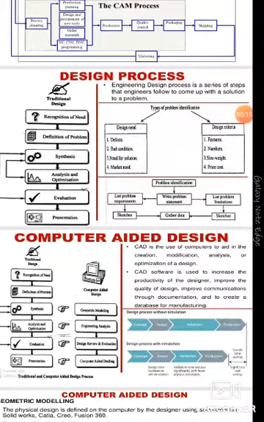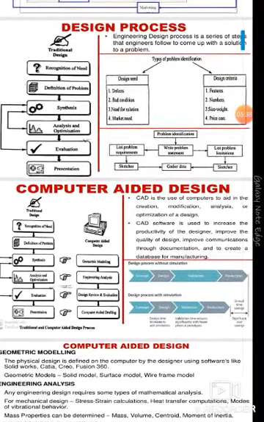The traditional design includes recognition of need, definition, synthesis, analysis and optimization, evaluation, and representation, the same method. The aided process is geometric modeling, 2D or 3D representations, surface planning, line model, surface model, and volume model, all included in geometric modeling.